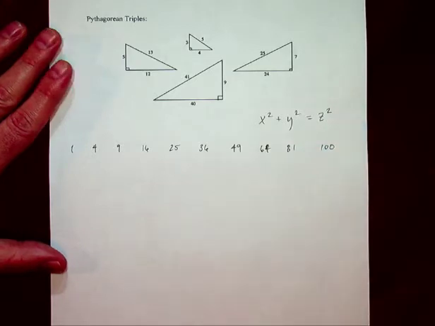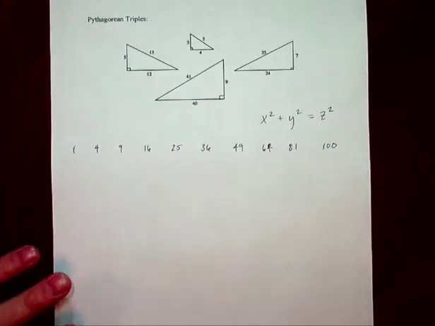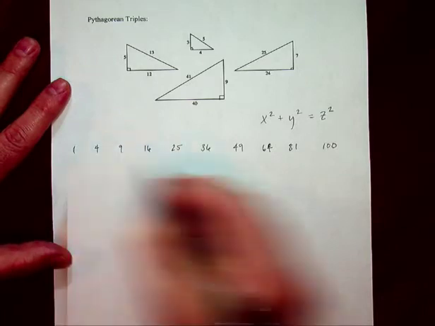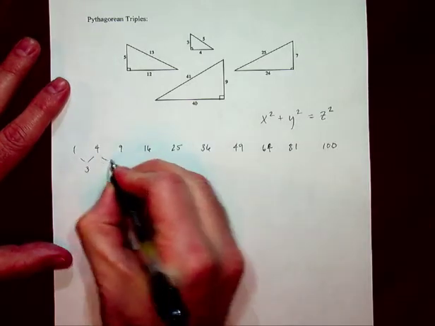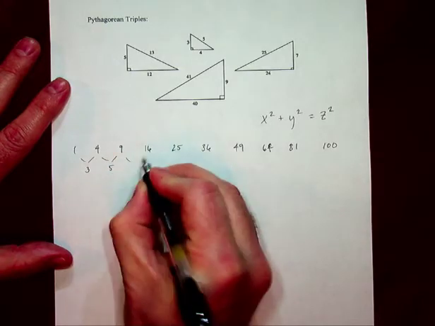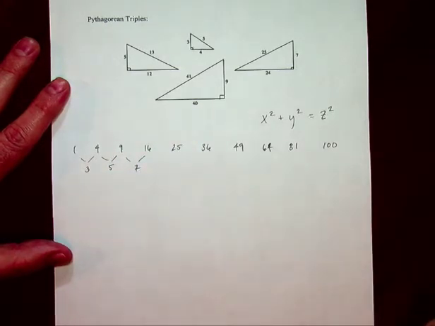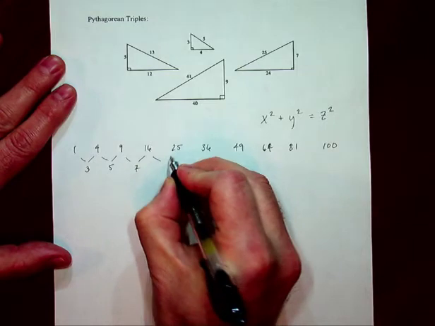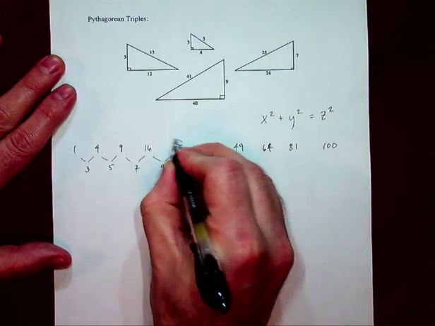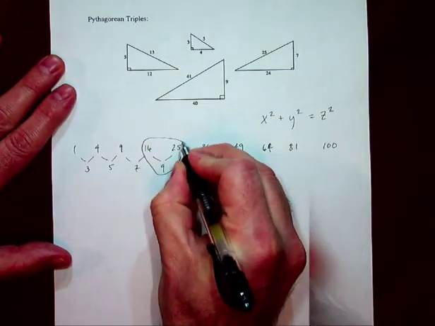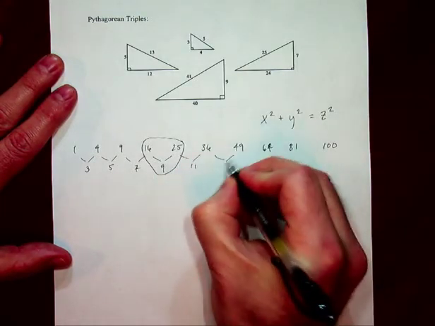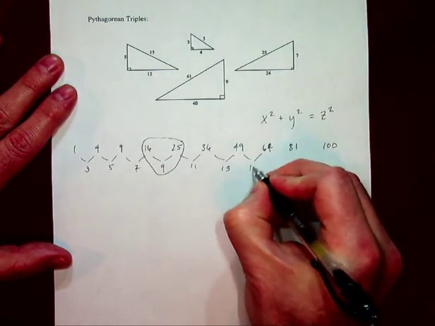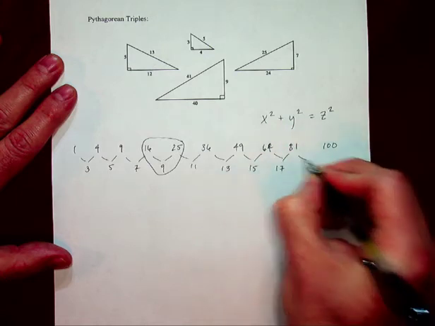Now, what you need to recognize is that as it goes along, the difference between these is 3. The difference between these is 5. The difference between these is 7. Oh my gosh, I see a pattern. The difference between these is 9, and there is your 3, 4, 5 right triangle. The difference between these is 11 and 13 and 15 and 17 and 19.